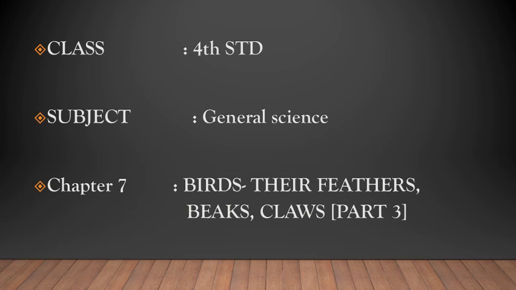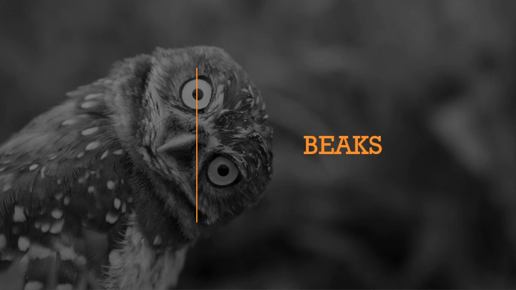The following video is for class 4, subject General Science, chapter 7, birds, their feathers, beaks and claws. In the previous class, we learned about what kind of creatures birds are and what the different types of wings they have are. Now in this class, we are going to learn about the different kinds of beaks.